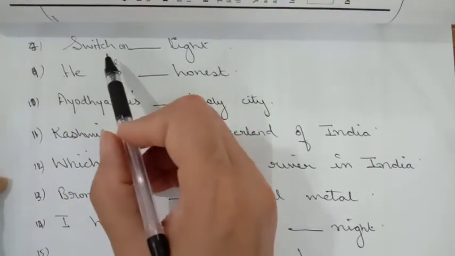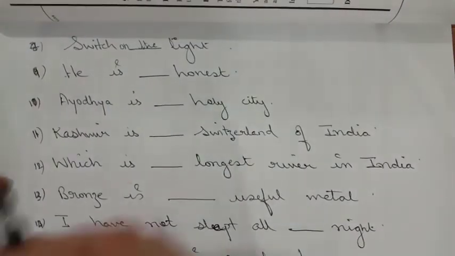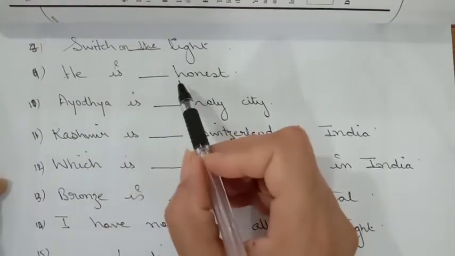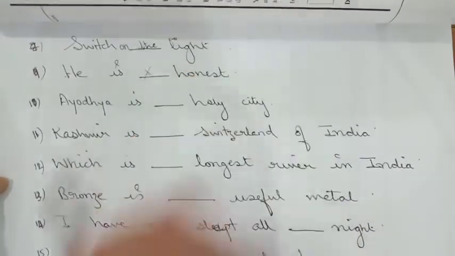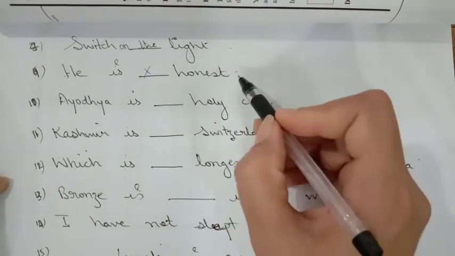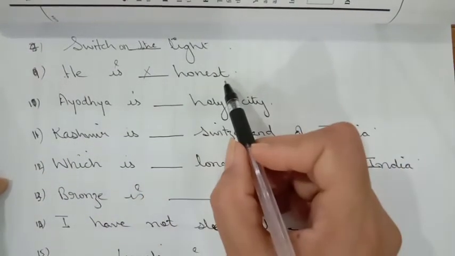Now see the next. Switch on the lights. He is honest. Will you use the article a or the? No. Why? Can you count honesty? It is not followed by any noun which is countable, so no article will come here.